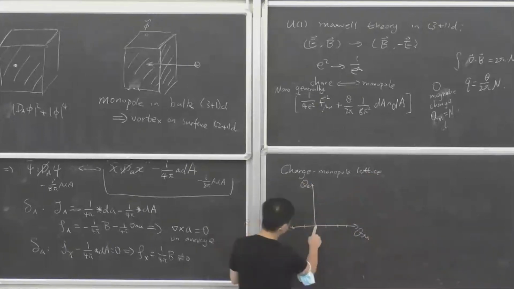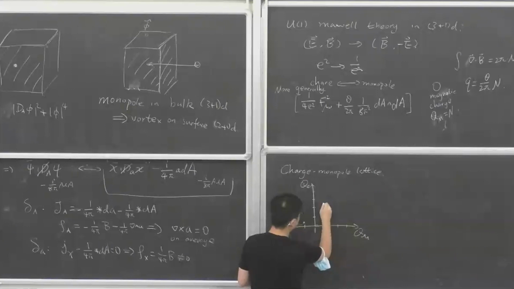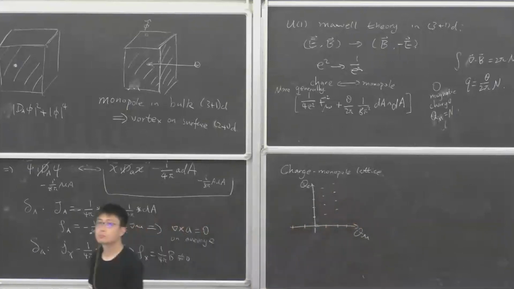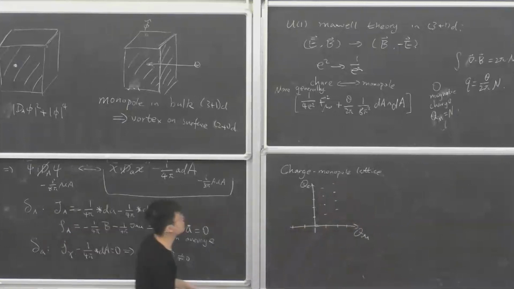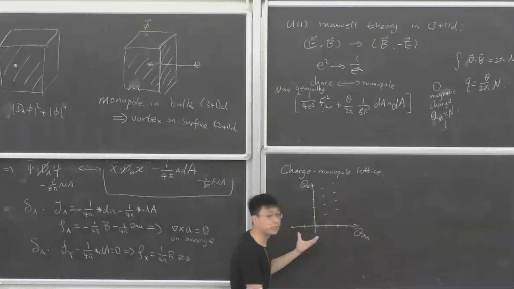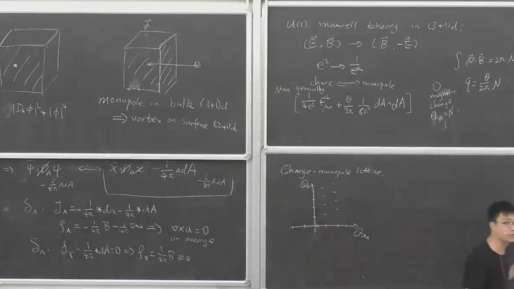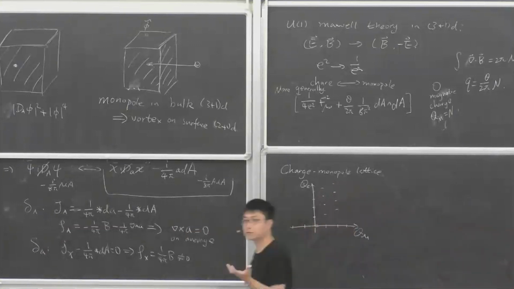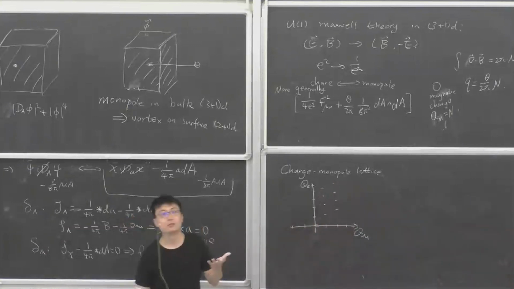So on this zero magnetic charge line, it's still integer, but on this line, it will be shifted. So you basically get a 2D lattice. And the rule of thumb is whenever you get a 2D lattice, you can think about modular transformation. It's a transformation that essentially relabels your lattice points.